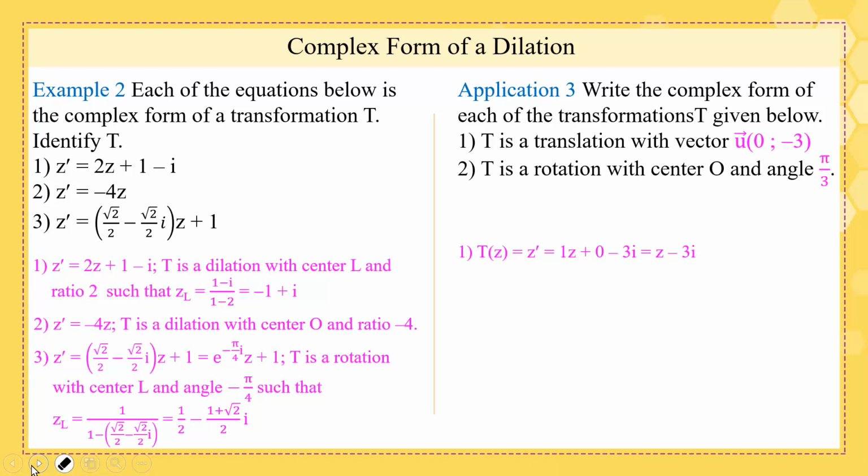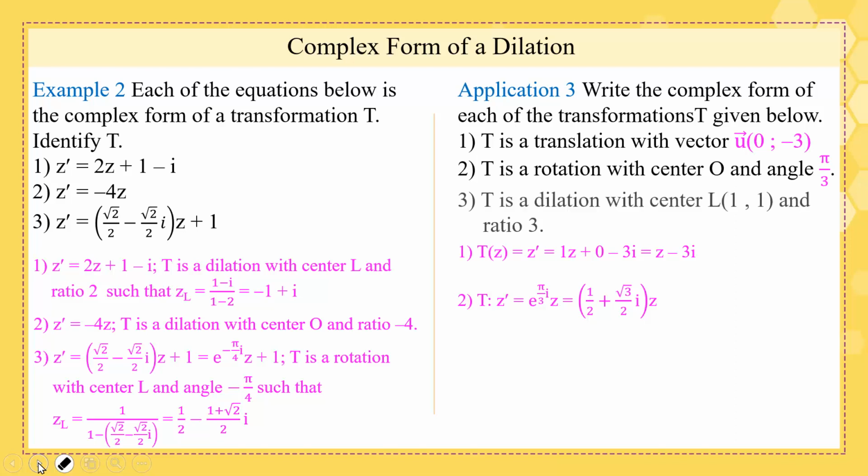The second part, T is a rotation with center O and angle pi over 3. Yes, Z prime equal e to the exponent pi over 3 I times Z, equal 1 over 2 plus radical 3 over 2 I times Z. Finally, the third example is about dilation. Given the center of this dilation 1, 1 and of ratio 3, yes, Z prime equal 3Z plus B because the ratio is 3.